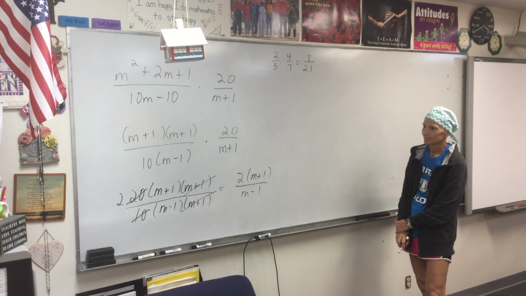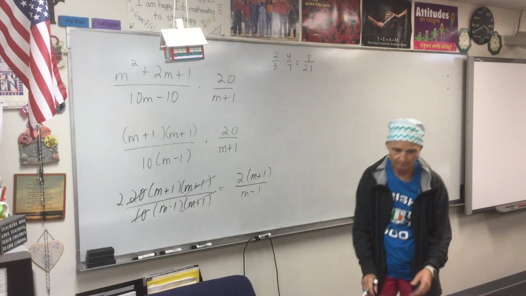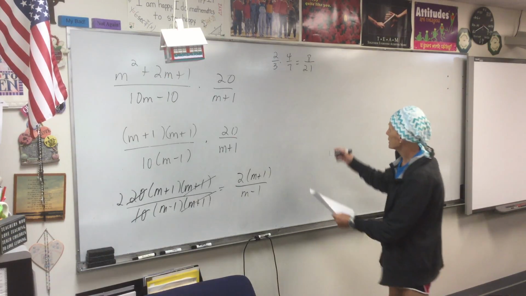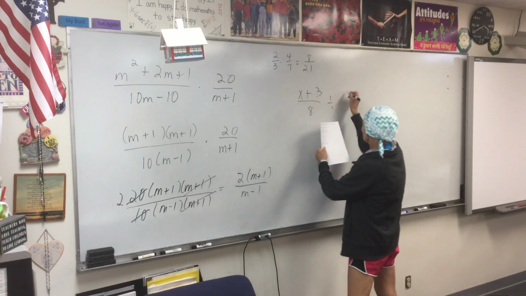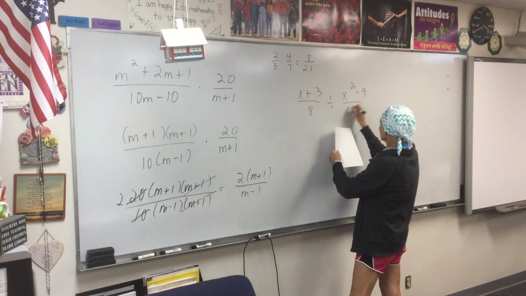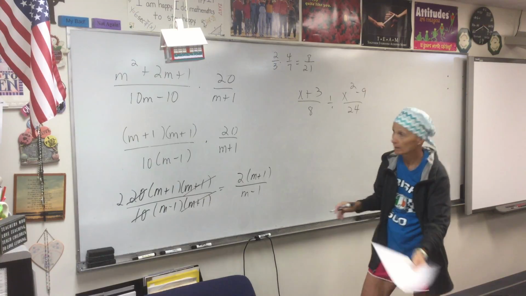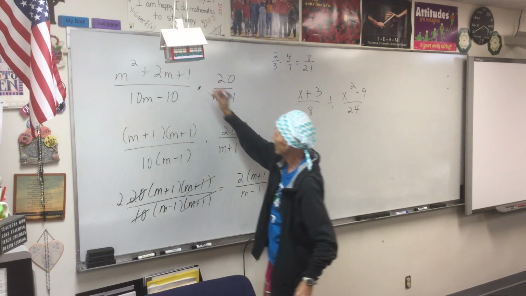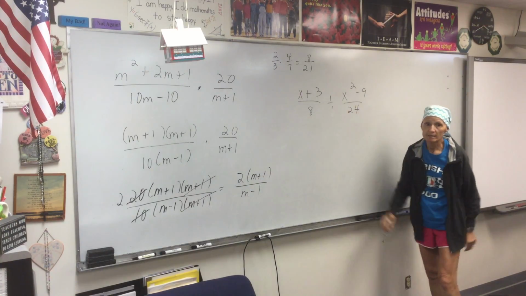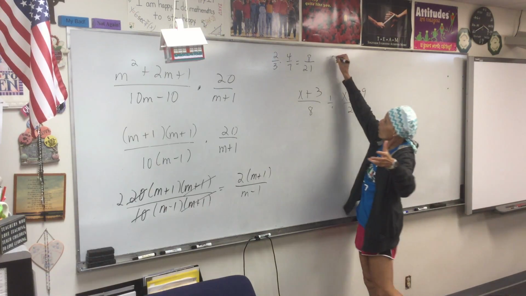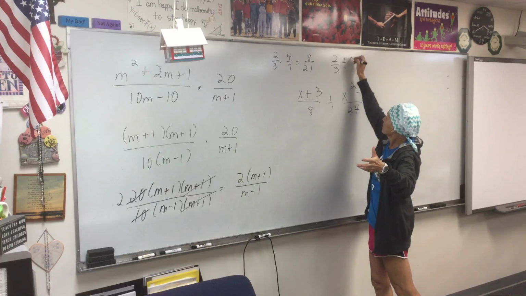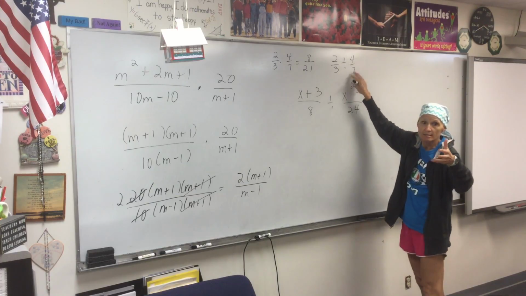Perfect. Let's look at the next one. Uh-oh. It looks a little bit different because it is not a multiplication problem like this one was. This was a multiply. This one is a division problem. So now I'm going to ask you to go back. What do you remember about dividing fractions?